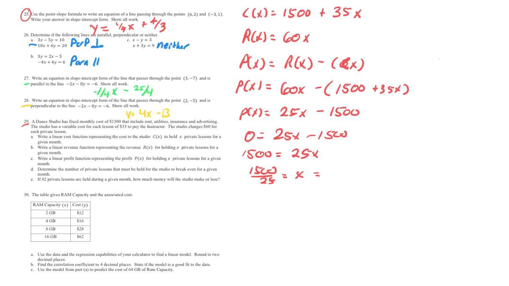And that will equal 60 lessons. And then part E, we'll do P of 82 is equal to 25 times 82 minus 1,500. And P of 82, once we plug that into a calculator, is $550.